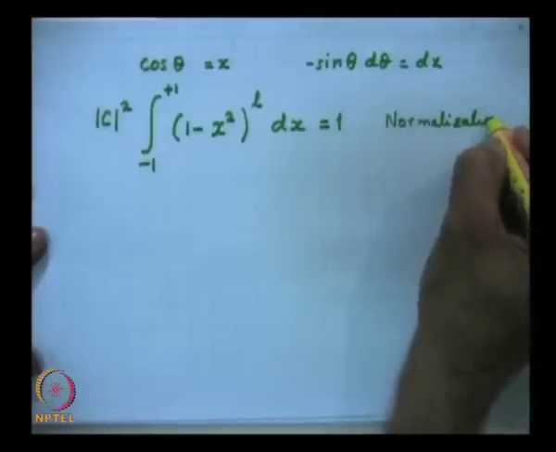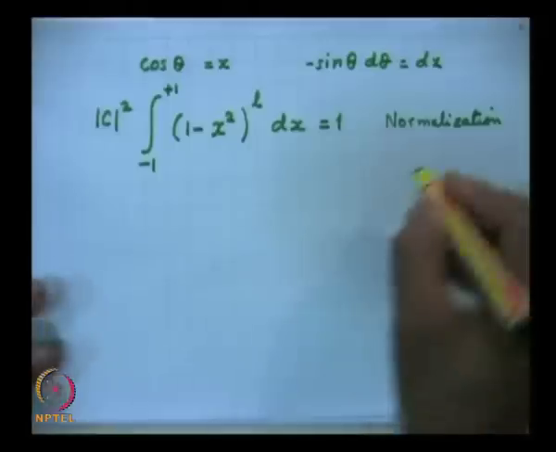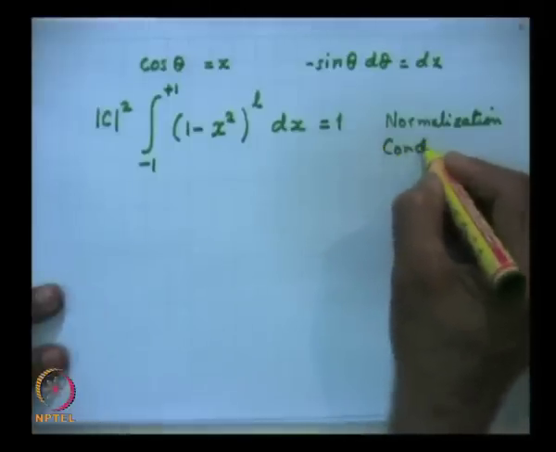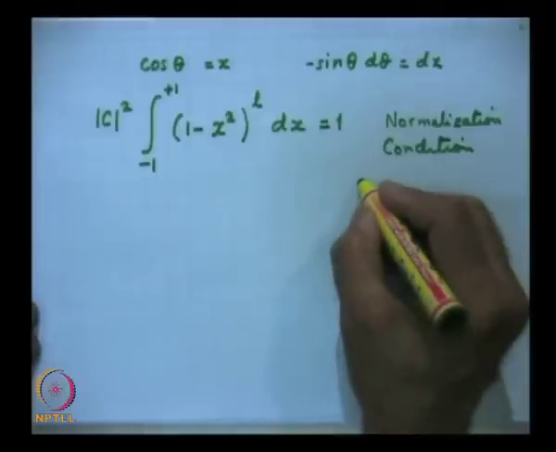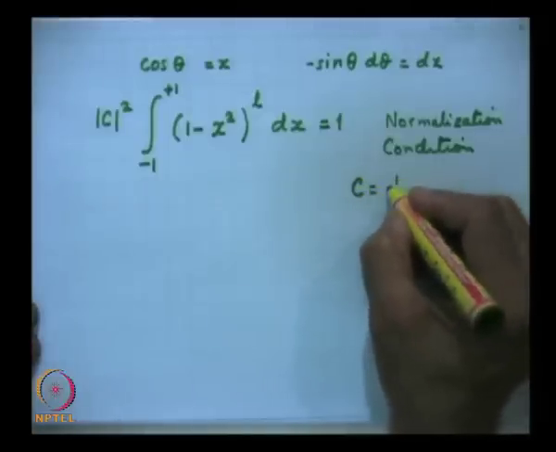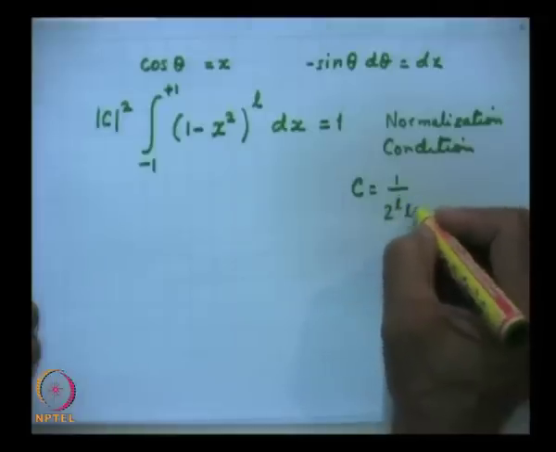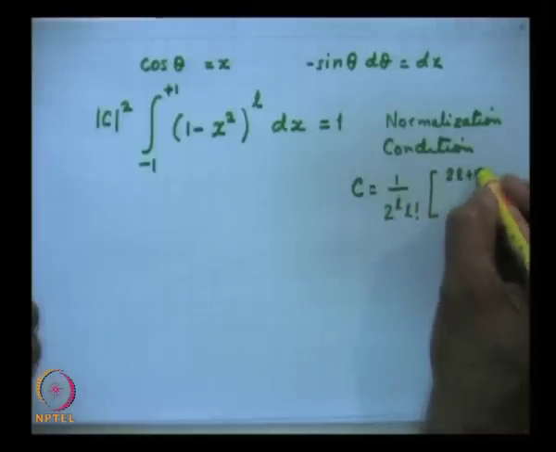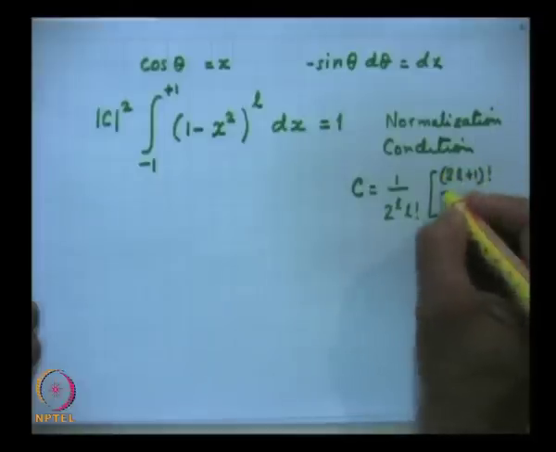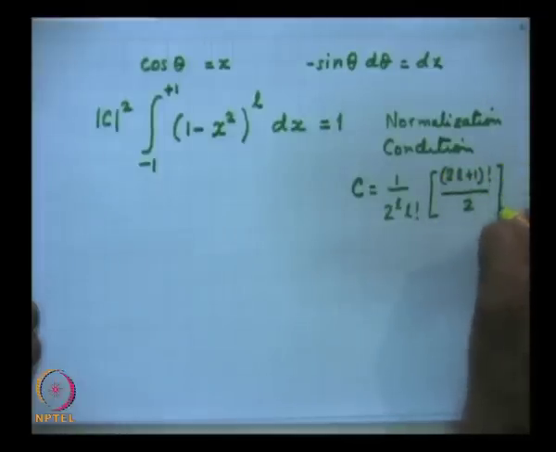This is the normalization condition, and if I carry out the integration, I will get C is equal to 1 over 2 to the power of L factorial, times the square root of (2L plus 1) factorial by 2. It is a little cumbersome formula.